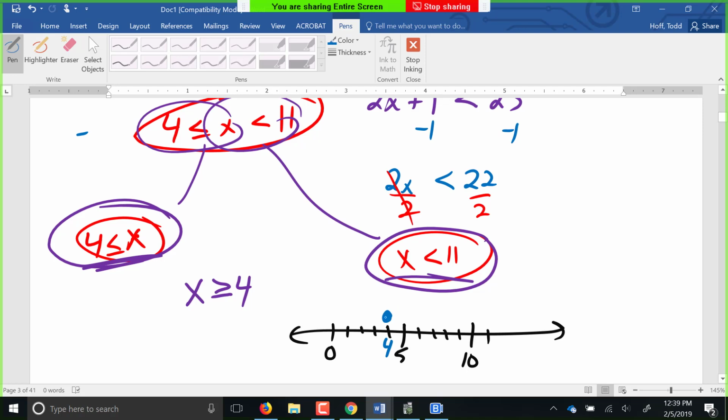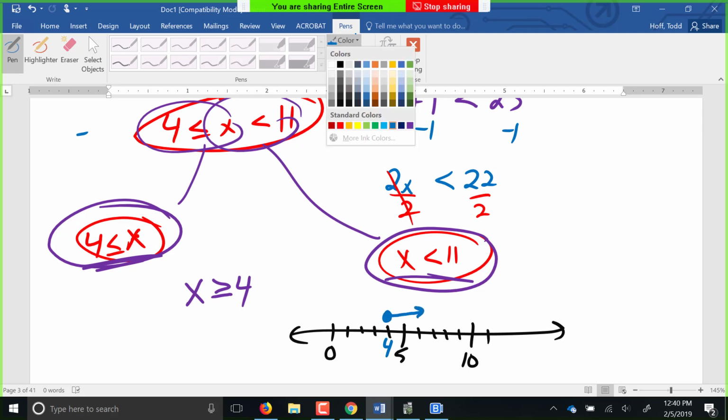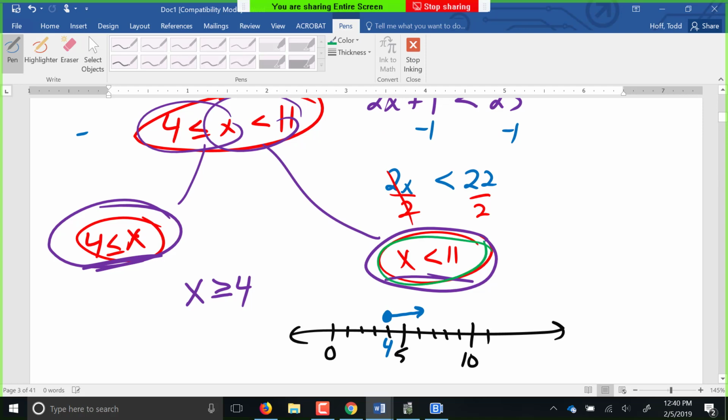Closed, left or right? Right. Then for this one, we've got the 11 up here, open or closed? Open, left or right? Left. There's a lot more behind those.